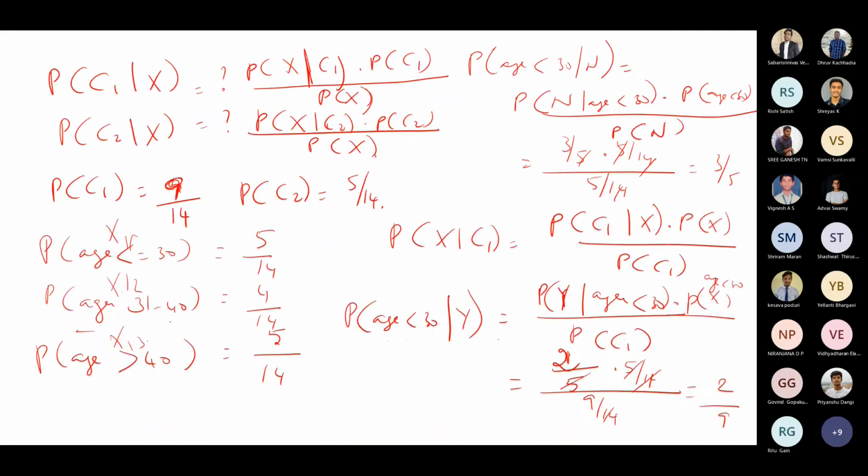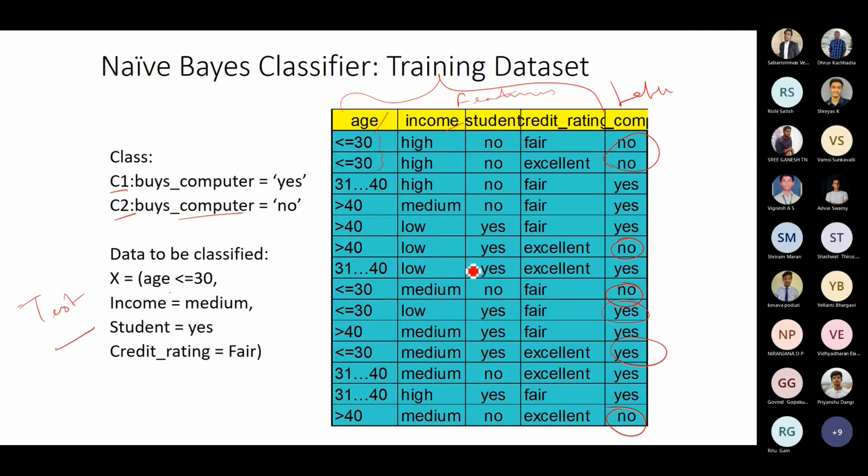So let us try to go with the income. Here I have medium, low and high.